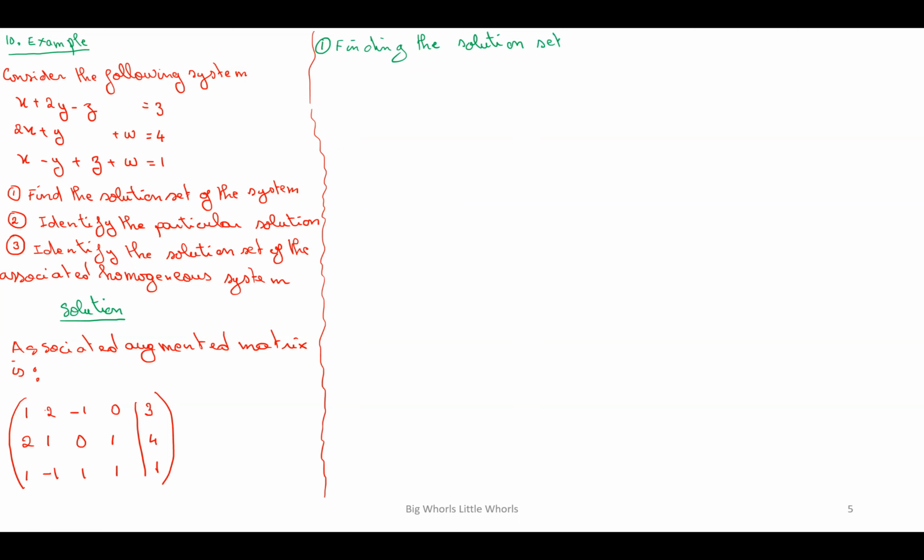Perform Gauss's method on the augmented matrix. Okay, so you have 1, 2, minus 1, 0, 3, you have 2, 1, 0, 1, 4, and 1, minus 1, 1, 1, 1.